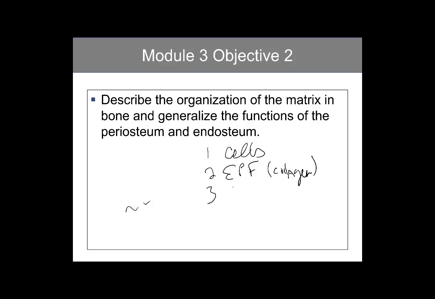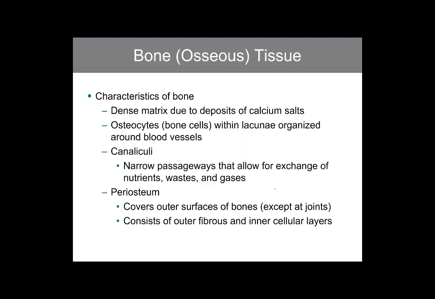The ground substance, we'll learn for bone, is a calcium salt, or calcium salts, as there are several different types. So the matrix of bone is very dense, and it contains deposits of these calcium salts. We have bone cells, the osteocytes, living within their lacunae.